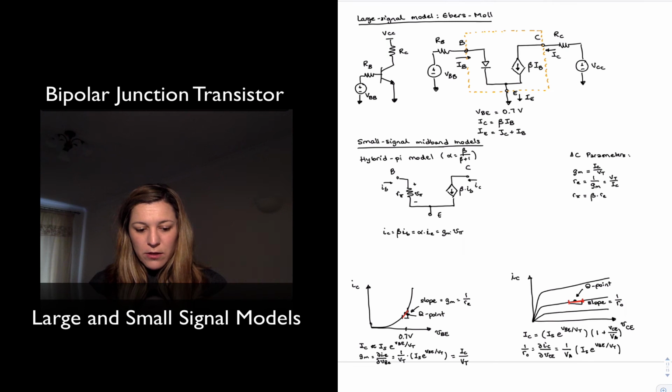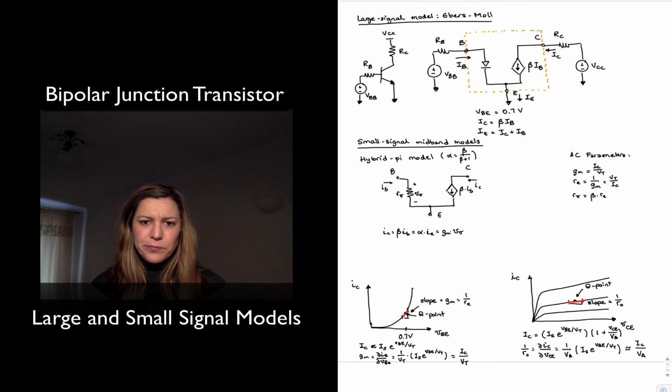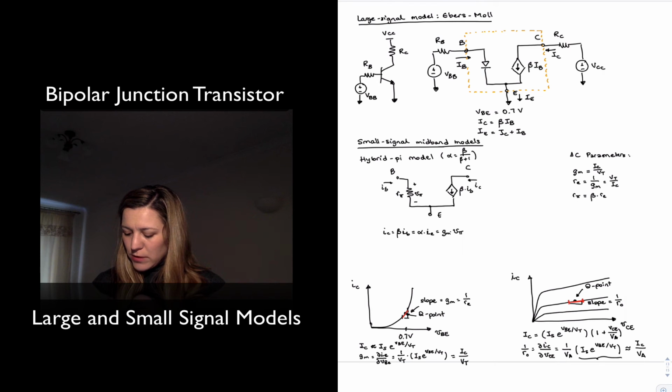And if we look at it, we can see that this is approximately equal to IC divided by VA. Again, we don't have the 1 plus VCE over VA term, and so we're considering this to be approximately equal to IC, but that's going to be a fairly accurate approximation, especially when we're talking about that Q point only.